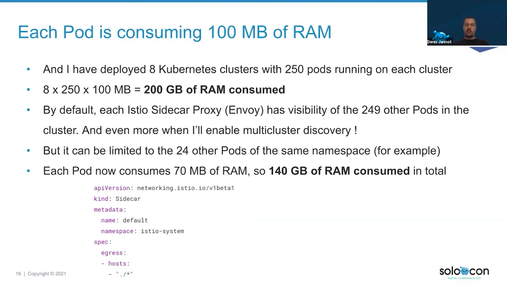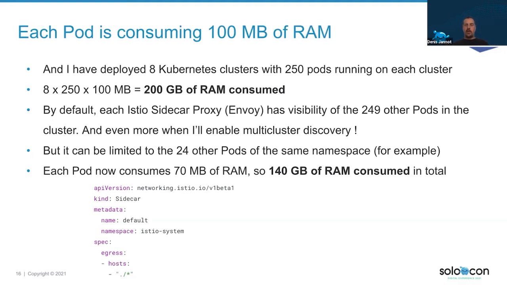And what's interesting is that all these different steps are just for preparing everything, right? For deploying Istio on 8 clusters and these 250 pods. But after that, I wanted to do this testing about multi-cluster communication and so on.